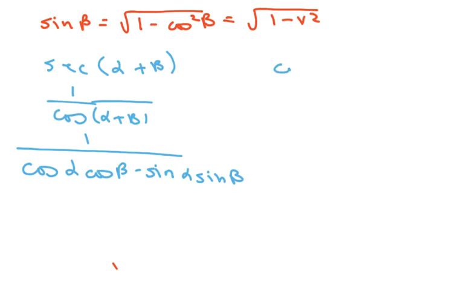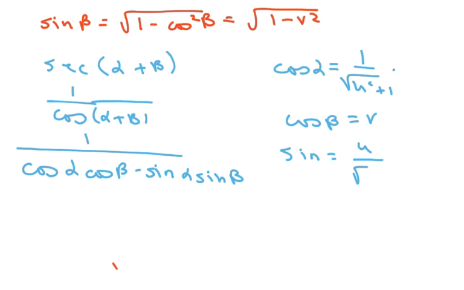So, cosine of alpha, we figured as 1 over square root of u squared plus 1, and cosine of beta was v, and sine of alpha equals u over square root of u squared plus 1, and sine of beta equals the square root of 1 minus v squared.